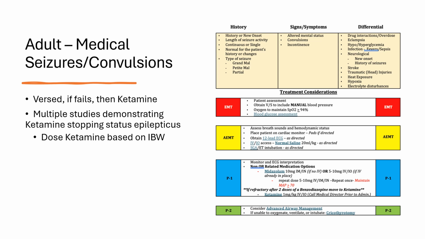Now this is for adults, but the same thing is for peds as well. Ketamine, 1 mg per kg. Give me a call for that one if you're doing it, because I want to know the outcome of it. So that's the big change for your ketamine for seizures.